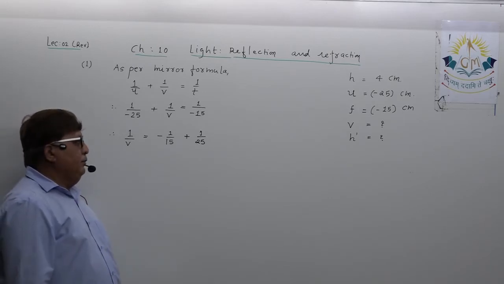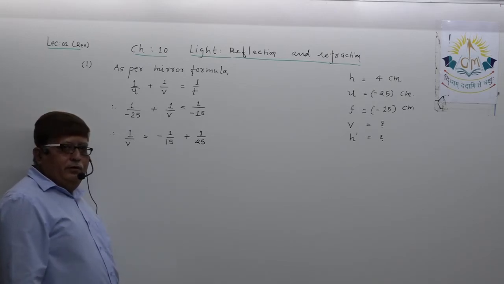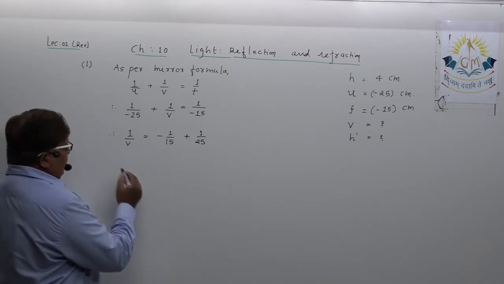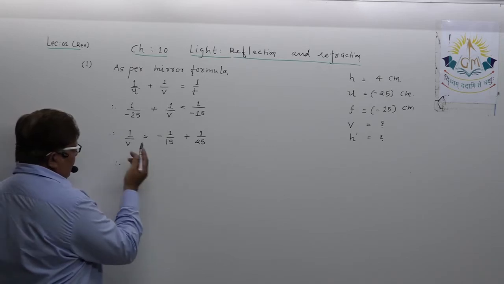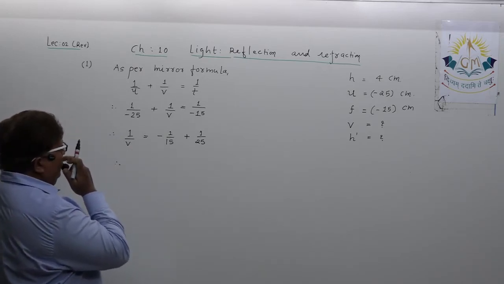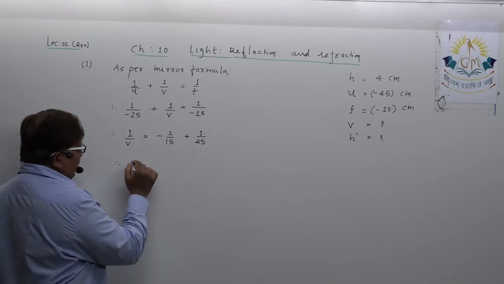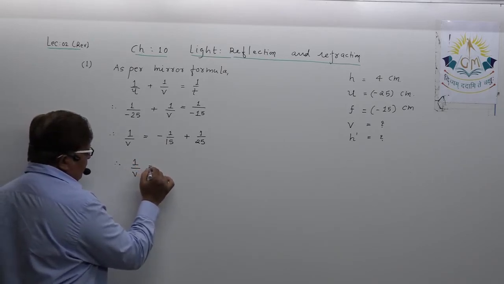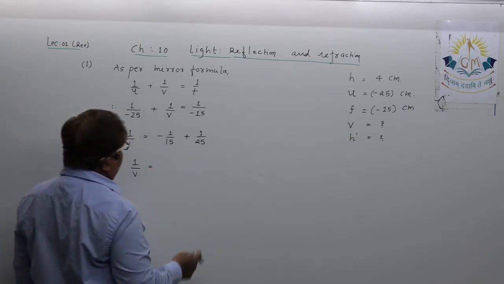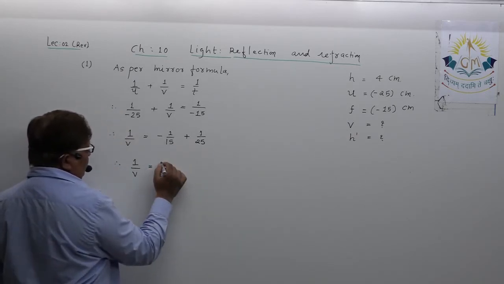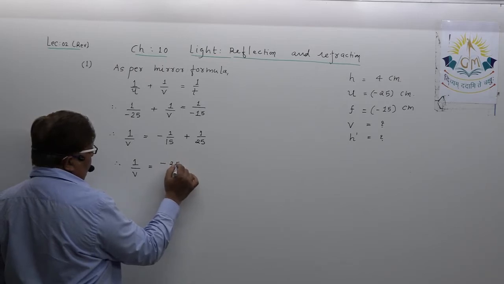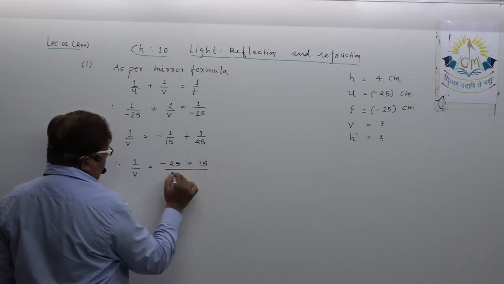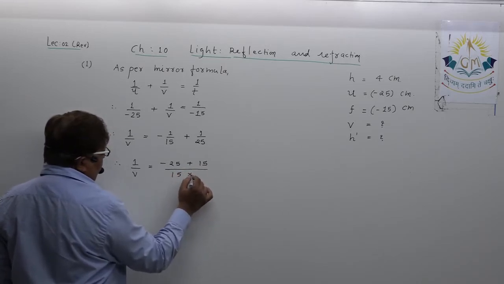After this it's just a question of taking LCM. But if you can remember, at that time I have taught you a simple way. Rather than worrying about the LCM, just cross multiply: minus 25 plus 15 upon 15 into 25.